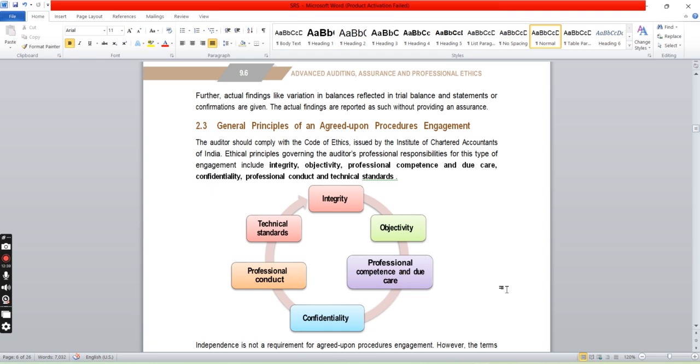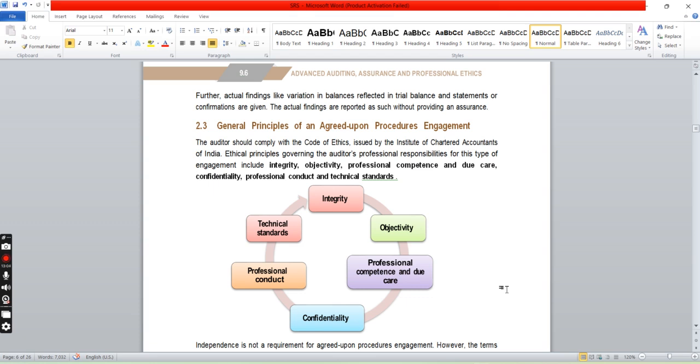What are the general principles of an agreed upon procedures engagement? They are integrity, objectivity, professional competence and due care, confidentiality, professional conduct, and technical standards. The auditor should comply with the code of ethics issued by the Institute of Chartered Accountants of India, the ethical principles governing the auditor's professional responsibility.